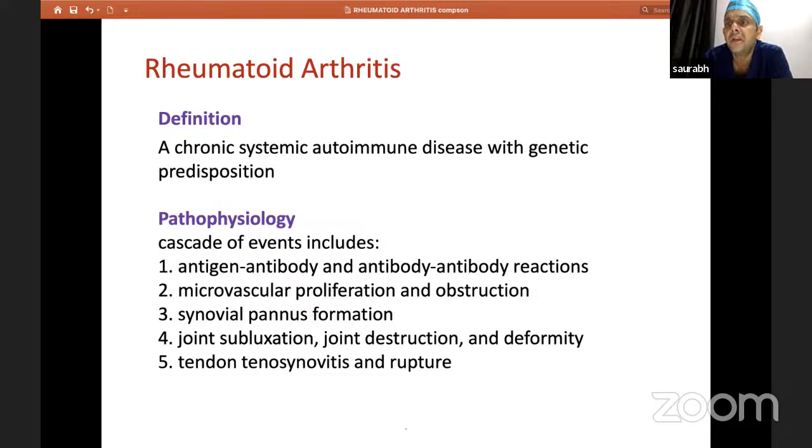Then all these enzymes, your collagenases, proteases, elastases, they are the culprits. They come and destroy all the collagen in your cartilage and your ligaments. Once your ligament and cartilage go, obviously the joint is eroded, then it gets subluxed, it gets destroyed, and a deformity happens. Similarly, they can purely affect the tendon, cause synovial proliferation, and then eventually a rupture.